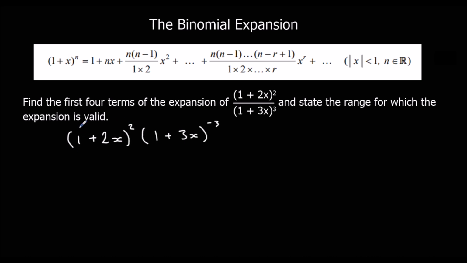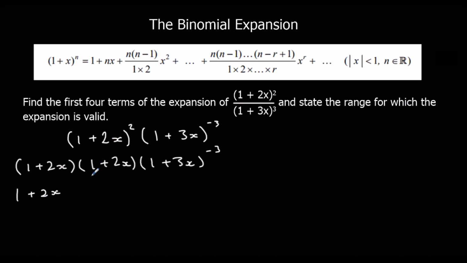So the first one, we've just got a normal quadratic. We can expand it by rewriting it as two brackets multiplied together and expand them. So 1 times 1 is 1, 1 times 2x is 2x, 2x times 1 is 2x, and 2x times 2x is 4x squared.